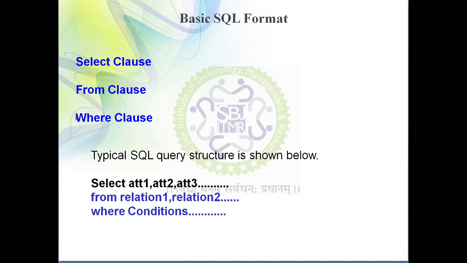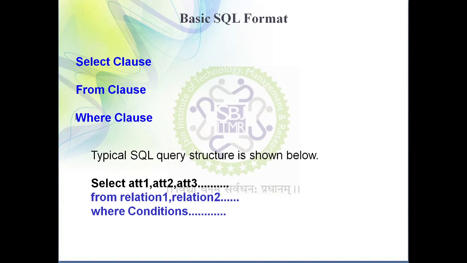But suppose I want to display only two or three attributes, for example employee name, employee id, and the ct. Then I need to specify select ename, eid, ct from emp. It gives me only three attributes with all the rows. So the select clause is used to specify the attributes that we want to fetch. Either you can fetch all attributes, or you can specify the attributes that you want to fetch.